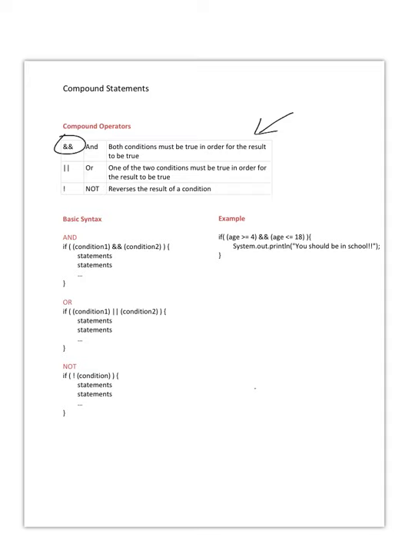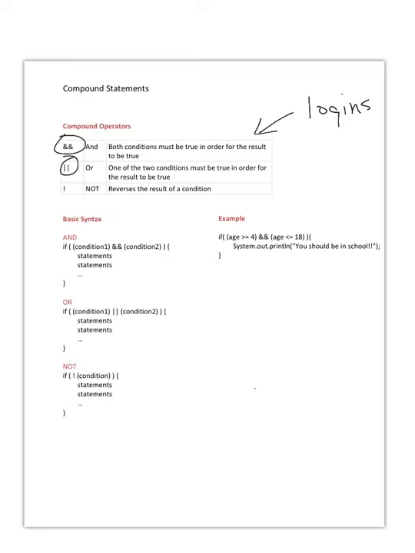An example of that might be logins. When you do logins for school, both the username and the password have to be correct in order for the login to be successful. So you're going to be using an and operator and ensuring that both conditions are true.